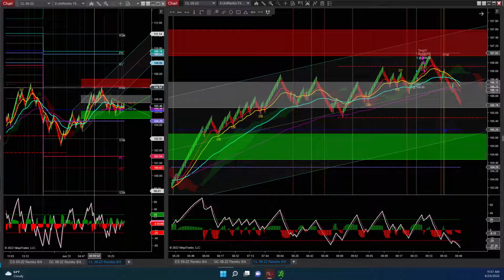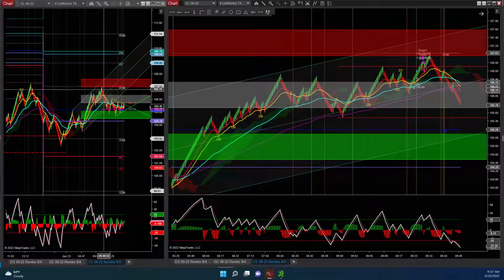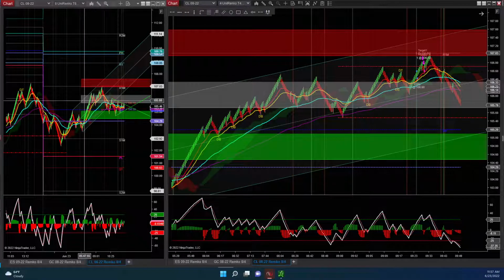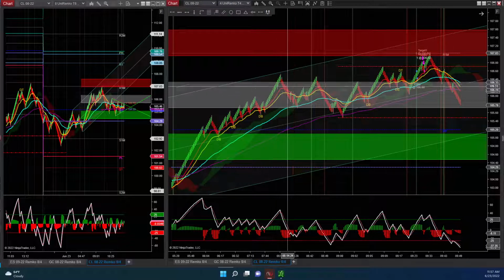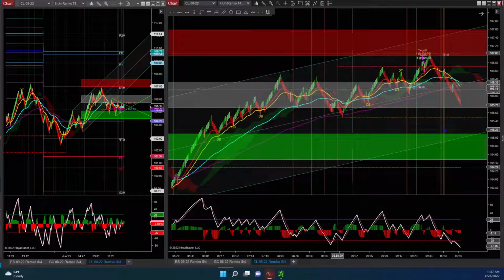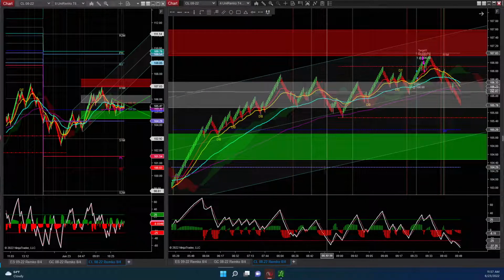If you see here, we are also in a range. I was looking for bullish entries, and this range I painted later in the day when it started to range from probably 9 a.m. around this area here, when I saw that there were three tops here.